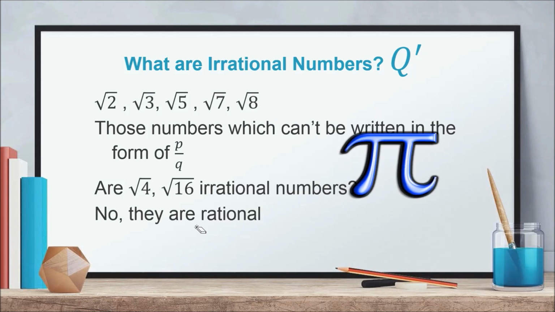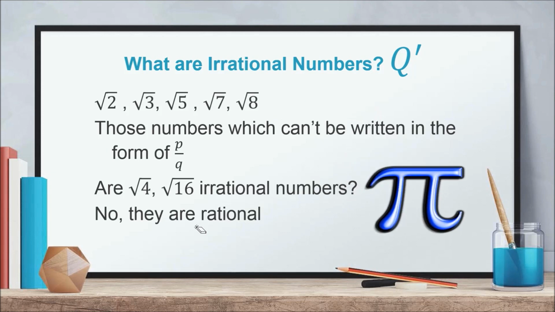Now pi, another very important number. Is it rational or irrational? You know that pi is sometimes taken as equal to 22 divided by 7, and if you see it closely, 22/7 is in the form of p/q. So can we take it as a rational number?